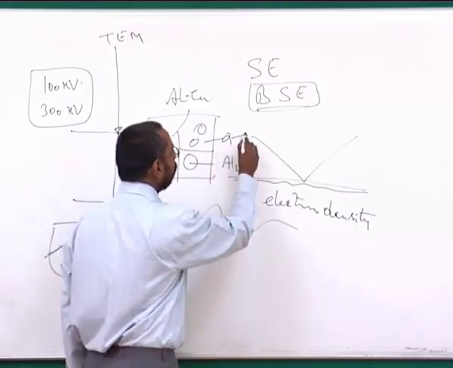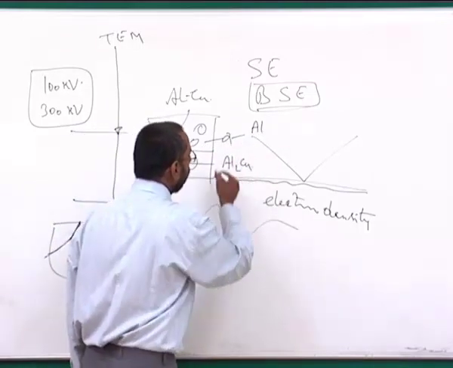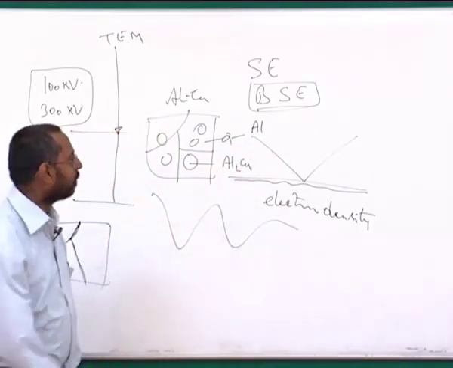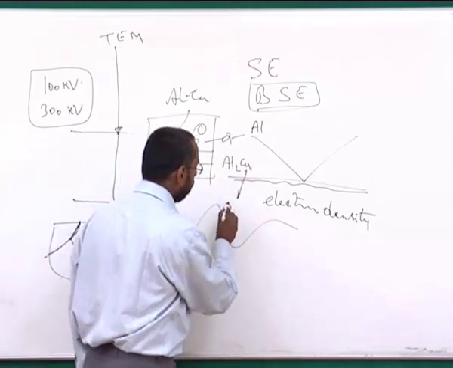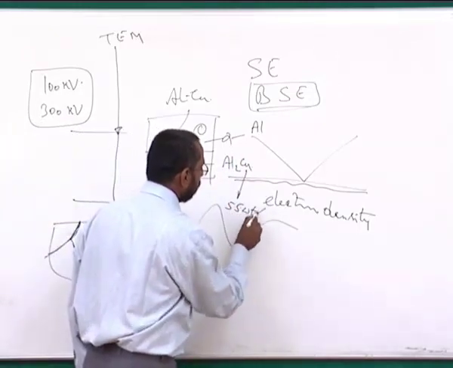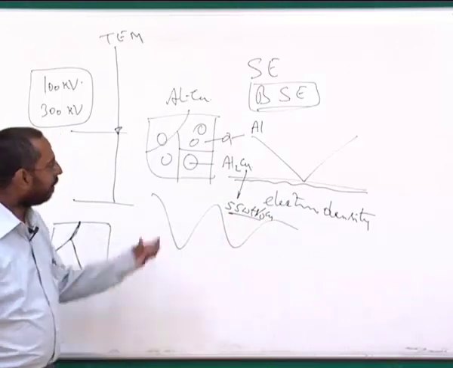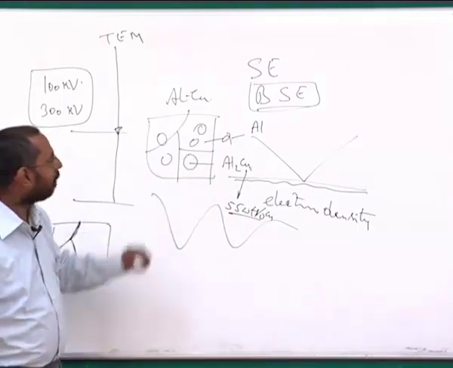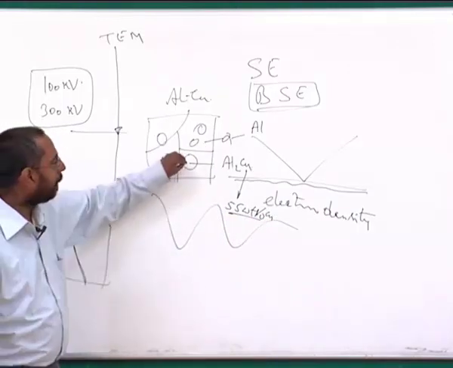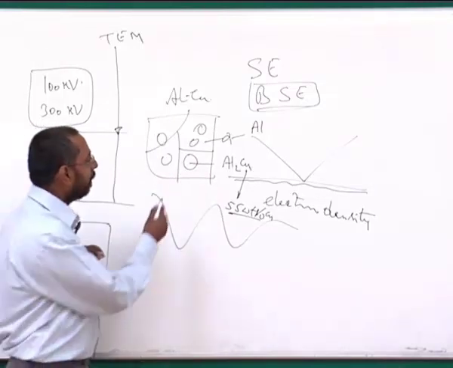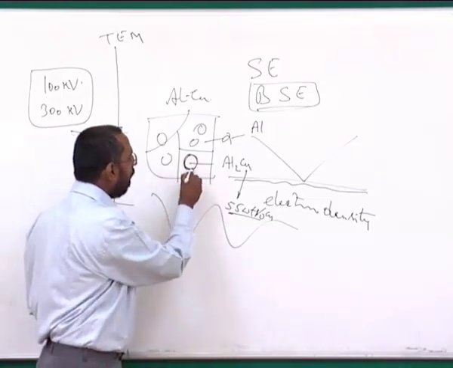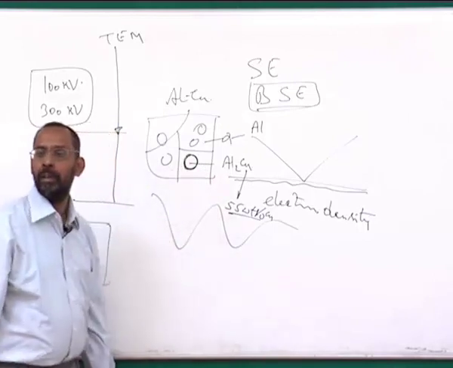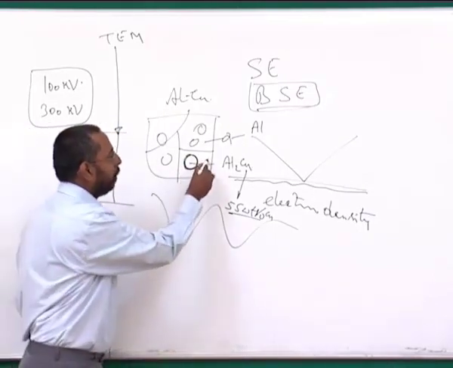So alpha is mostly aluminum, and Al2Cu has approximately 55.8% of copper in it. And so as a result, this particular region has more copper, and because copper has a higher atomic number, this particular region has a larger electron density per unit volume when compared to this region.